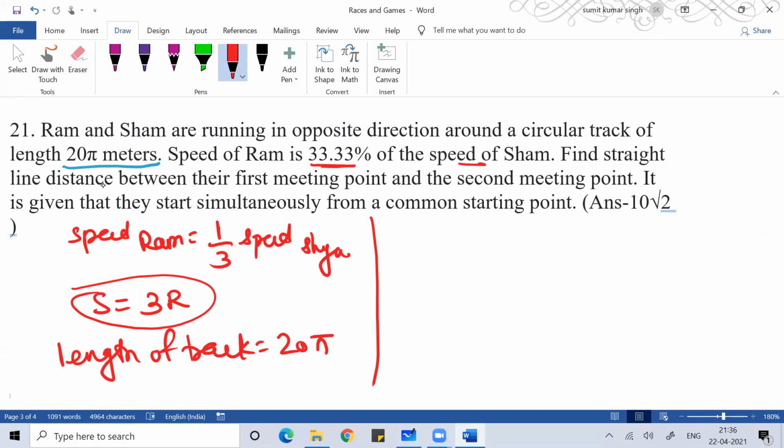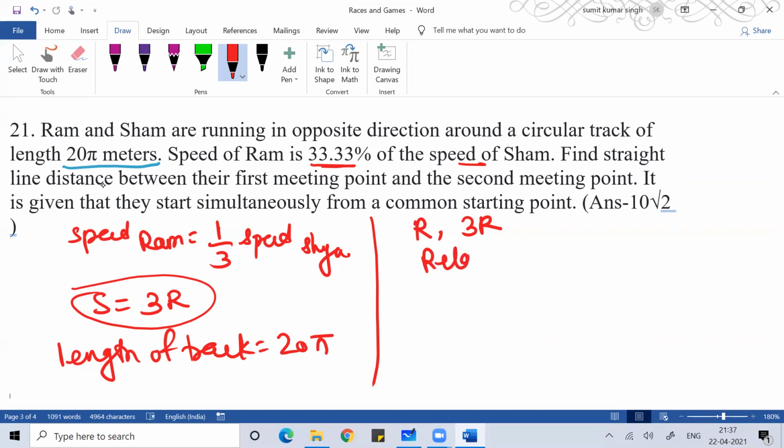So it is given that they start running simultaneously from the same common point. They run in opposite direction. So the Ram speed is r, then the Shyam speed will be 3r.